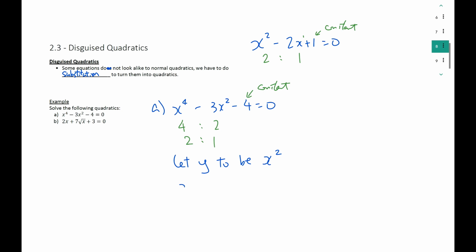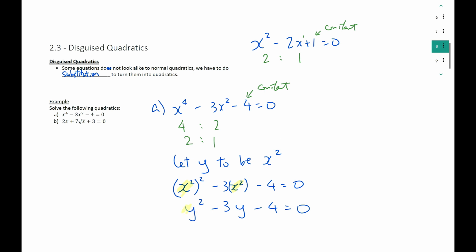So if I write the intermediate step in here, x to the power 4, we write x squared squared minus 3x squared in a bracket, minus 4 equals 0. Then this x squared can be rewritten as y. So it becomes y squared minus 3y minus 4 equals 0.